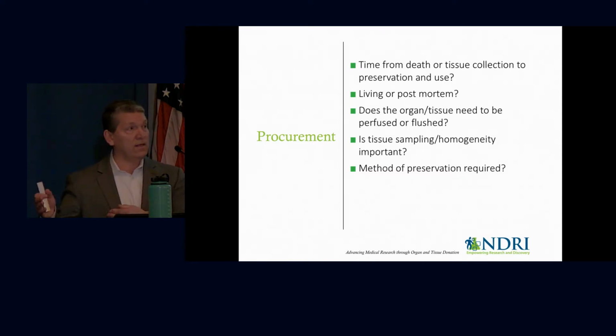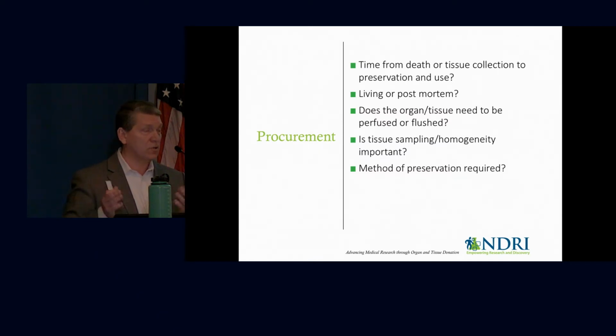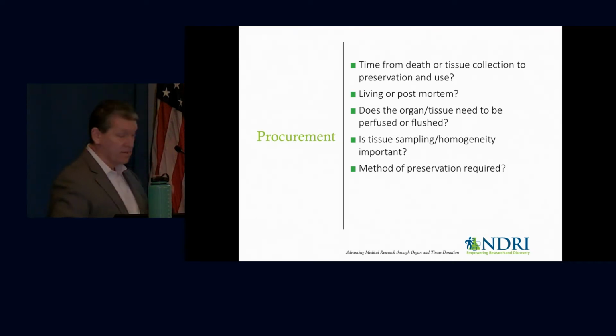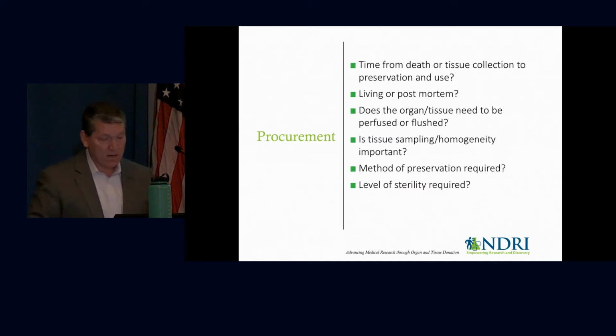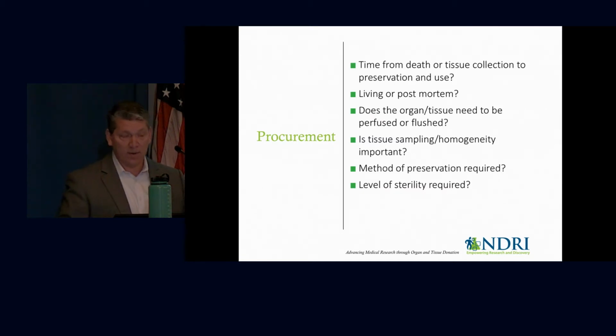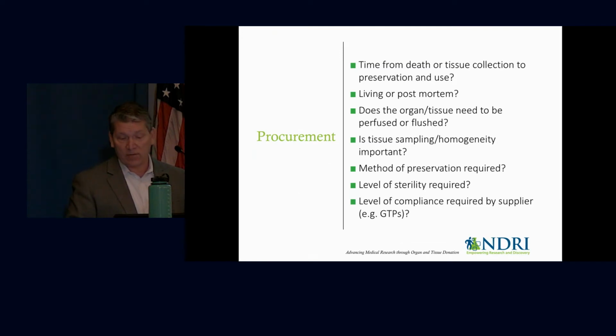So do you want it sitting in a cell culture media with antibiotics? Do you want it transported just cold, not flushed with anything? Again, these decisions are all going to impact your experimental results to some extent. Level of severity required, again, depends on your end use, but there are things that we need to know. Level of compliance required by your suppliers.